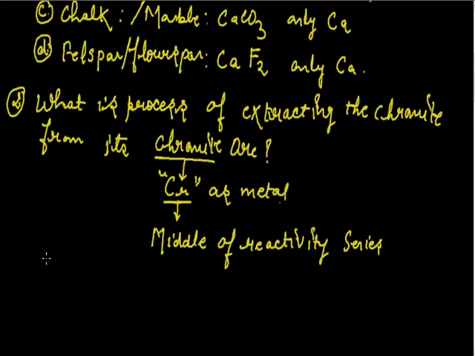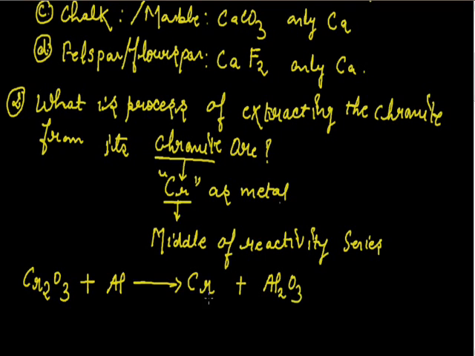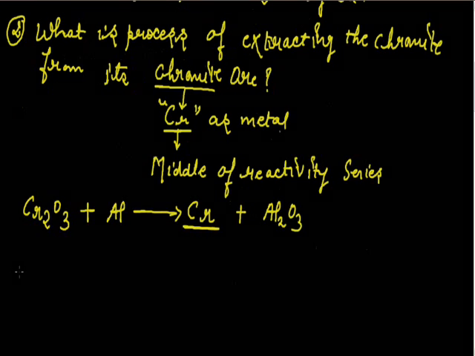All those metals, like aluminium, which are present above chromium in the reactivity series. So we are able to reduce this chromite ore by using aluminium as a reducing agent, and it will give chromium plus Al2O3. In this way, we'll extract chromium from its ore.